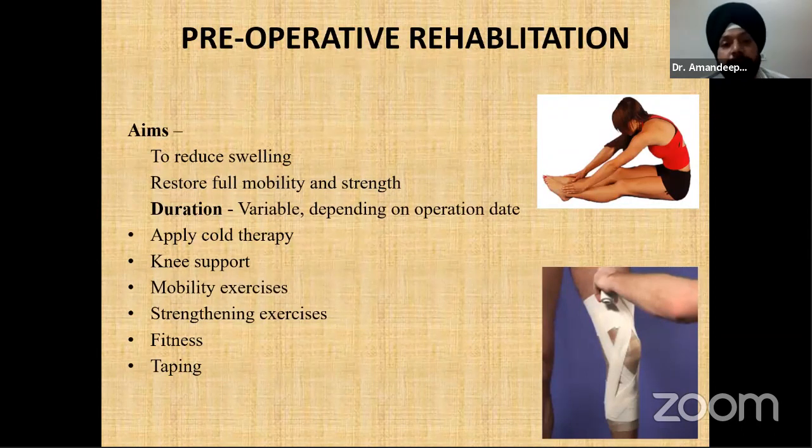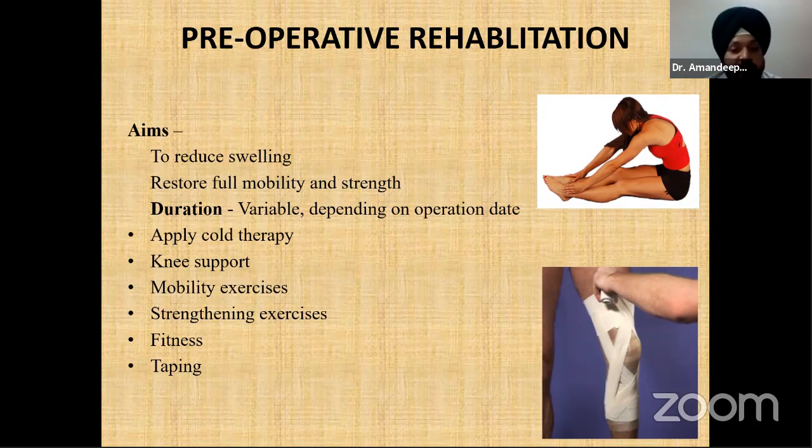If we talk about physiotherapeutic pre-operative rehabilitation before the surgery, the aim is to reduce swelling and restore full mobility and strength, and the duration is variable depending on the surgery date. The various techniques we can apply: cold therapy, knee support using a brace, then mobility exercises to the other joints of the leg, both proximal as well as distal joints.